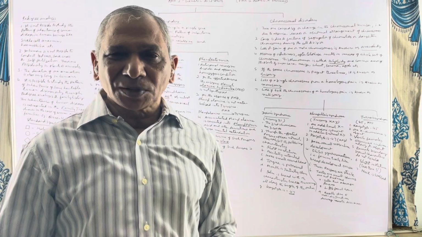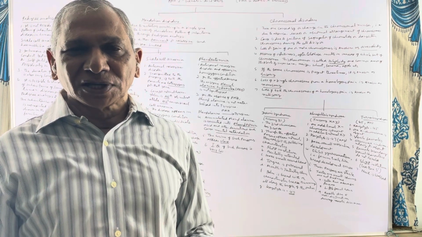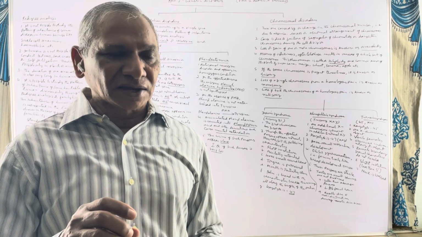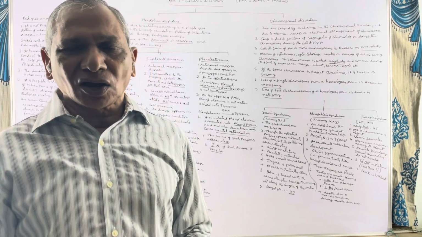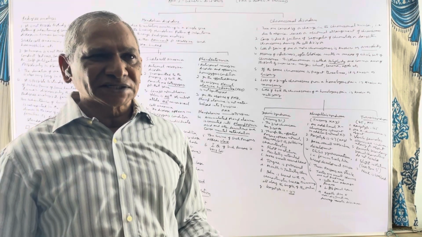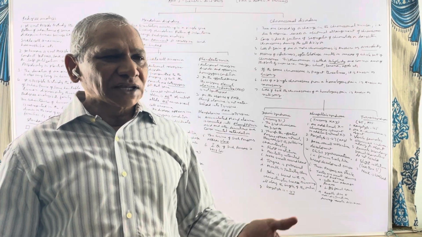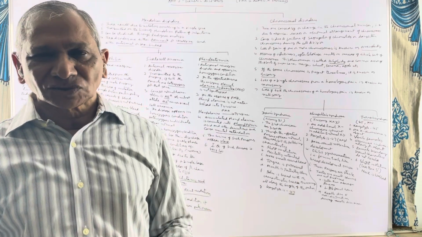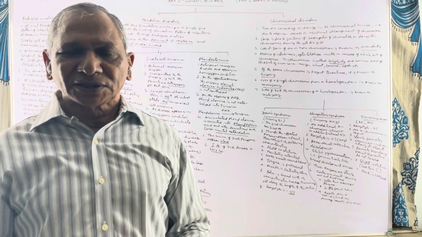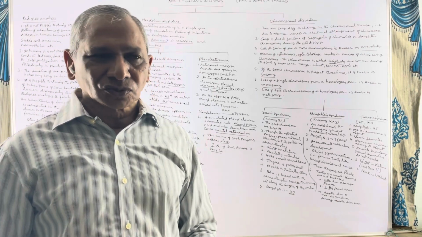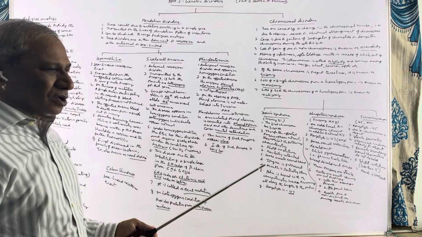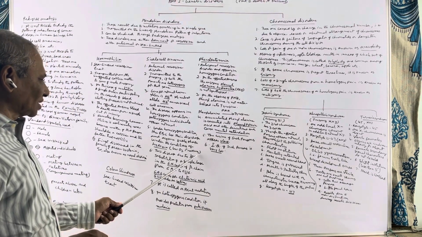But once the shape changes to sickle shape, they clog. They can't pass through the capillaries. They clog and cause complications. This problem usually arises while climbing mountains or when the people reach higher altitudes where the oxygen tension is low. So this disease appears only under hypoxia conditions, under low oxygen tension.